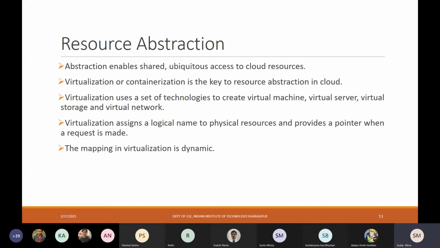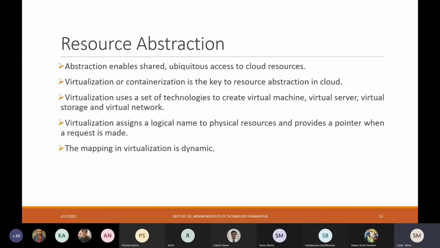Why is it dynamic? Just think about some of the features of cloud computing that I mentioned in one of the introductory classes. Let us say you are a cloud user using some resources, and then you need to get more of those resources. Automatically you get those resources, right? Whenever there is a demand, you get more. So how is it possible?